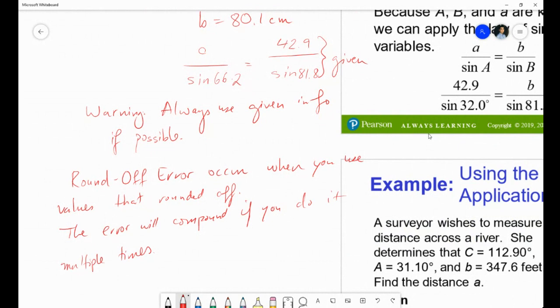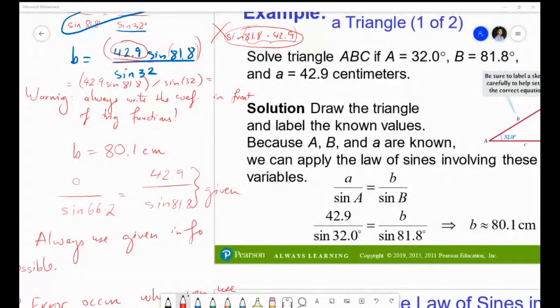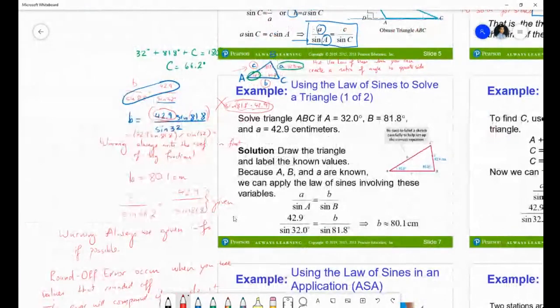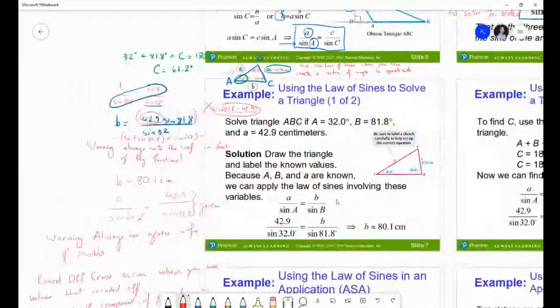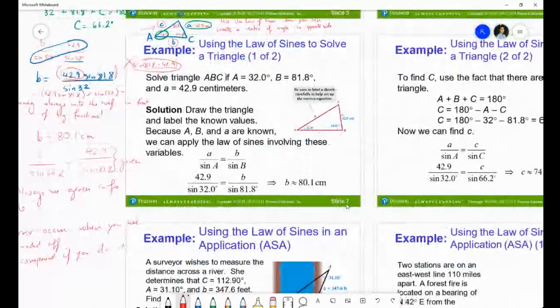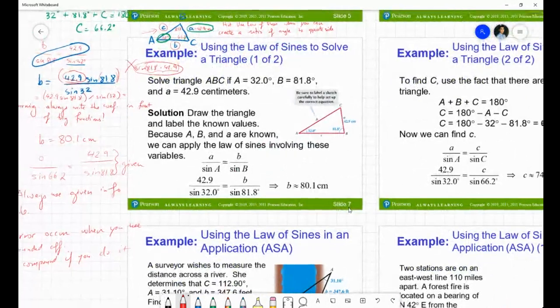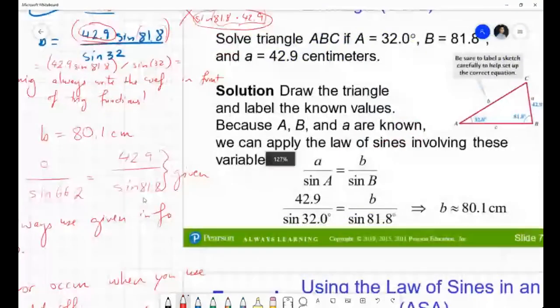Okay. All right, so anyone have a value for C? Elena, you have a question? You done? Yes, I'm done. So you got 39.3 for C, right? Yes. Not quite. They got 74.1. So let's see what you did. Yeah, I'm confused now. Okay, so let's see. Oops, I wrote something wrong.